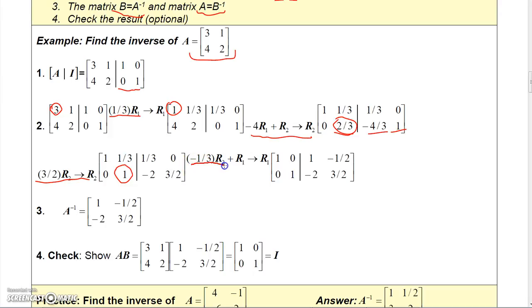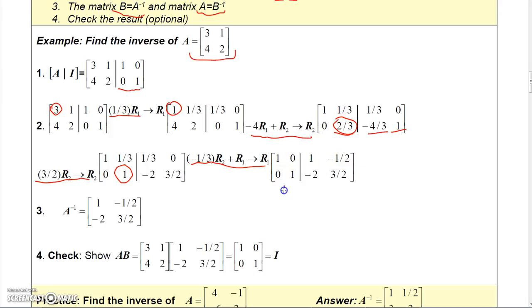So -1/3 row 2 plus row 1, and the result goes in row 1. -1/3 plus 0 is -1/3... actually -1/3 plus 1/3 is 0, so I get 1 and 0. Then -1/3 times -2 is positive 2/3. 2/3 plus 1/3 is 1. And then -1/3 times 3/2, the 3's cancel and I get -1/2. Add that to 0 and I get -1/2.